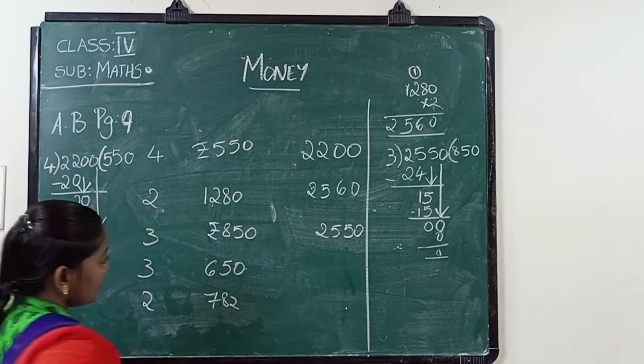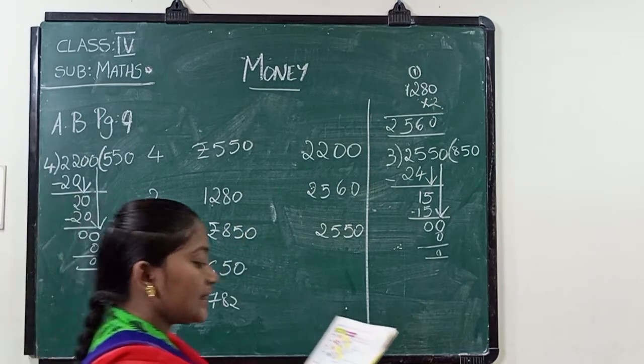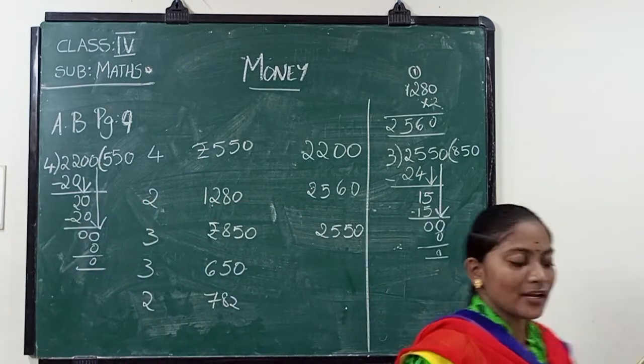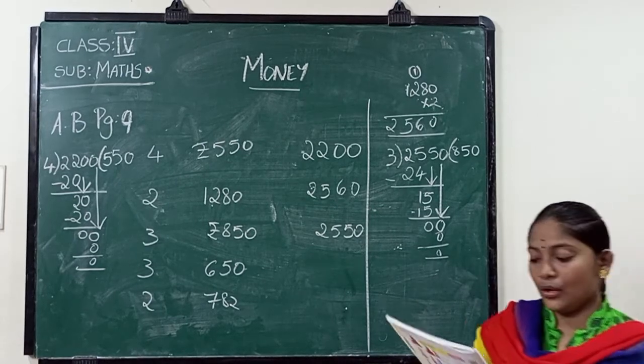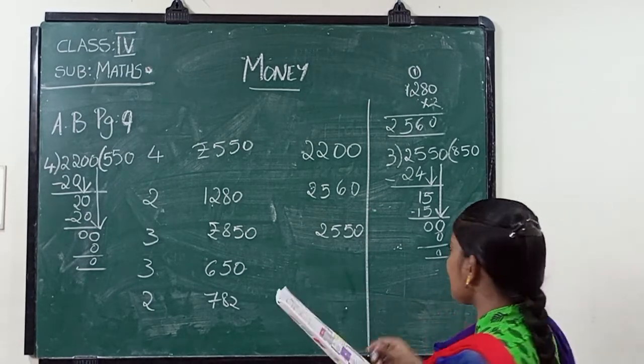And the next one is 3 sarees. Each saree cost is 650. What is the cost of 3 sarees?